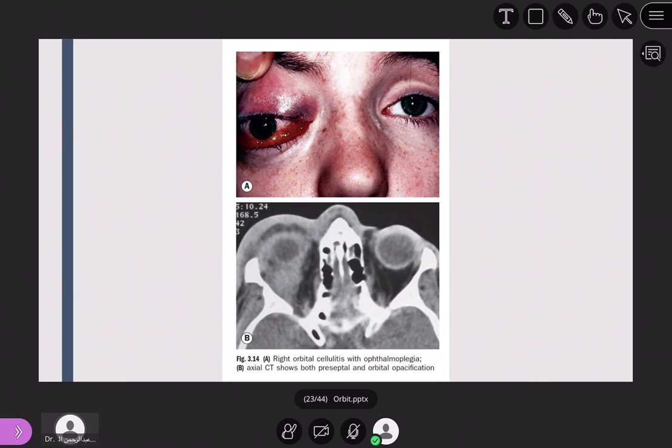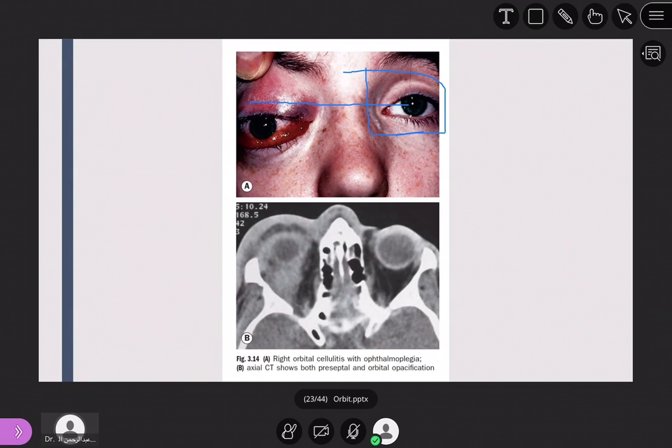This is how it looks. If you remember preseptal cellulitis, first of all, let's see the A photo. This eye is okay. Let's check the level. This is the pupil. See, the eye is displaced downward.